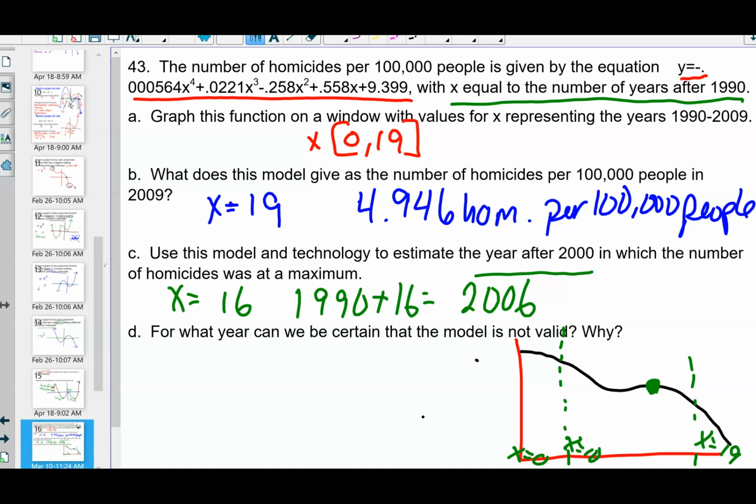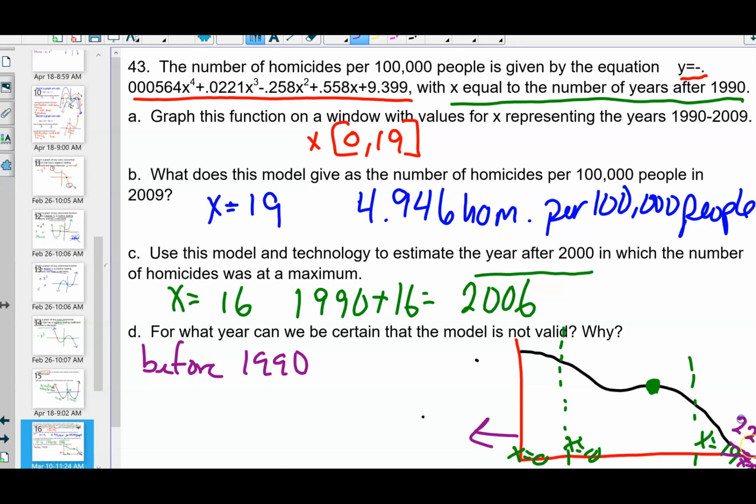And D, last one. For what year can we be certain that the model is not valid and why? So to answer that question, it'd be on this side, so before 1990. And then over here, if I were to bring that down, this is x equals 22.